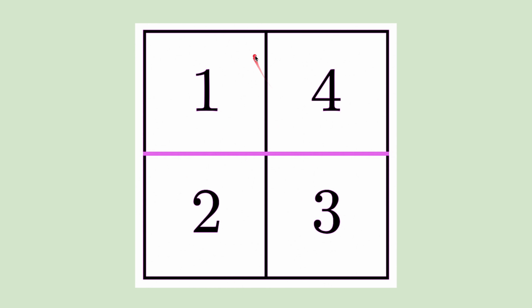If you do the total sum, it becomes 1 plus 4 plus 2 plus 3, which is 10. Total sum is 10. After cutting between the rows, the top part is 1 plus 4, so the sum is 5. In the bottom part, the sum is also 5. And so we return true.